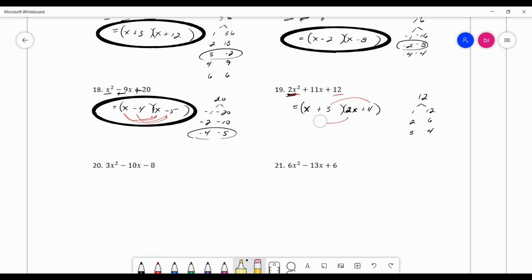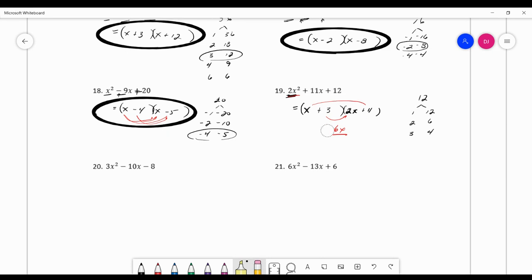You've set those things up. What we need to look for is: will x times 4, which is 4x, and 3 times 2x, which is 6x, add up to 11x? No, it adds up to 10x. So that tells me that 3 and 4 is not the right combination.